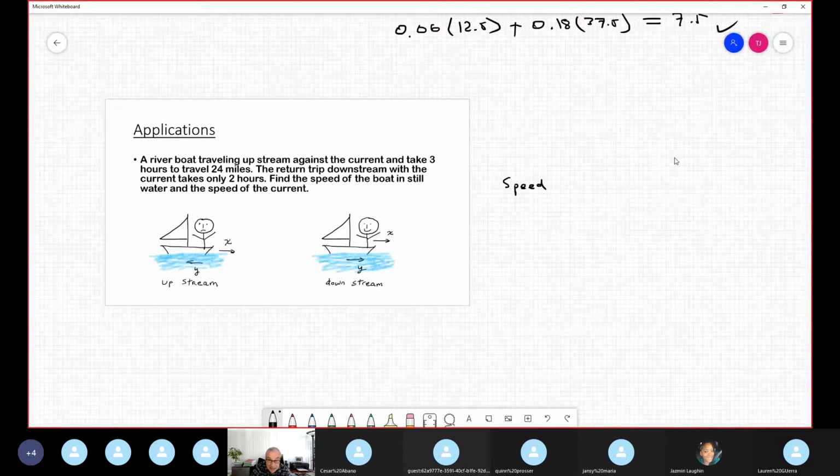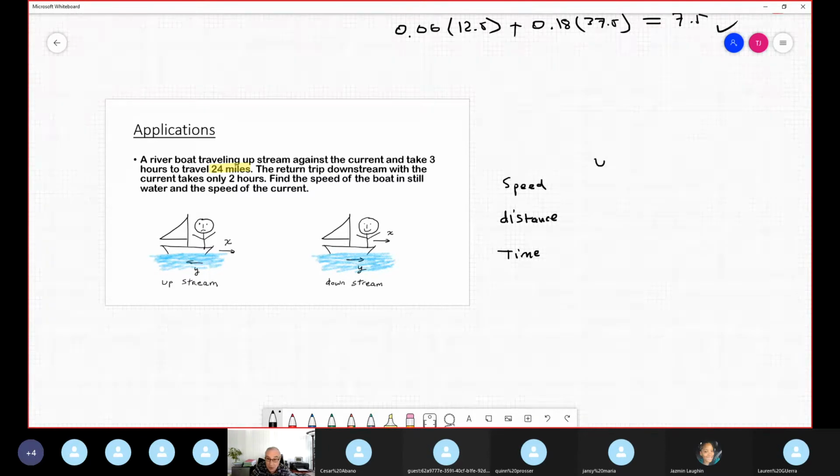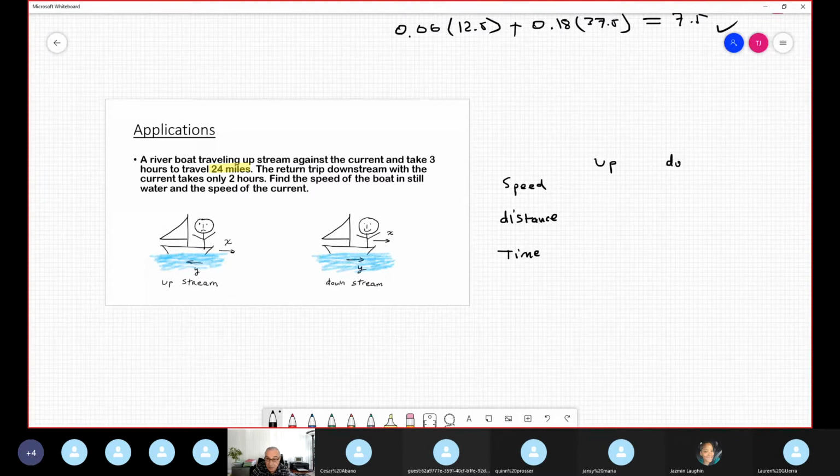We have the distance traveled, 24 miles, sorry. And the time, which is 3 hours and 2 hours. We have two conditions, upstream and downstream.